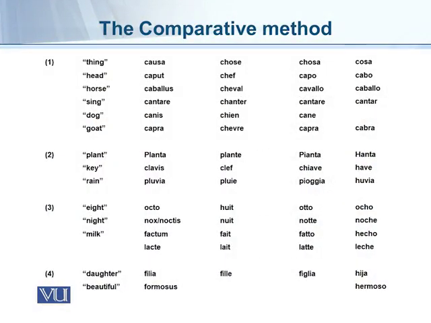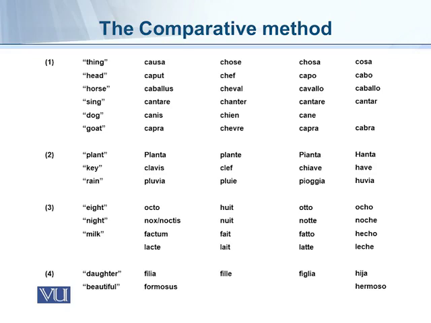For example, we have a list of words in English: thing, head, horse, sing, dog, goal. And then we have words in Latin, French, Italian and Spanish. If we look at the sounds of the words, we find that, for example, the Latin word starts with the same sound as the French, Italian and Spanish words.